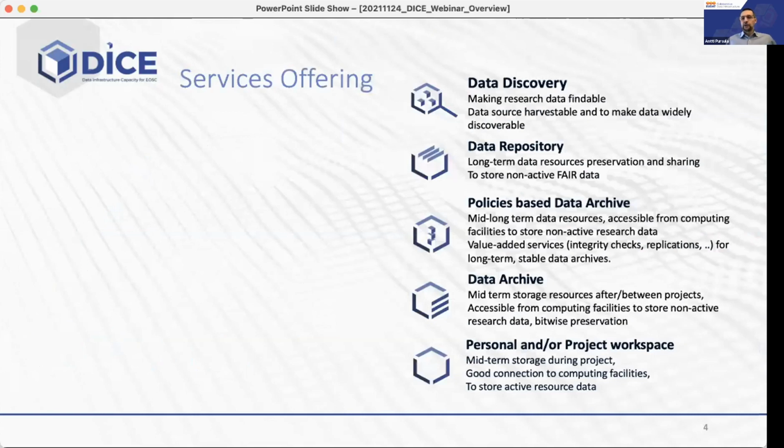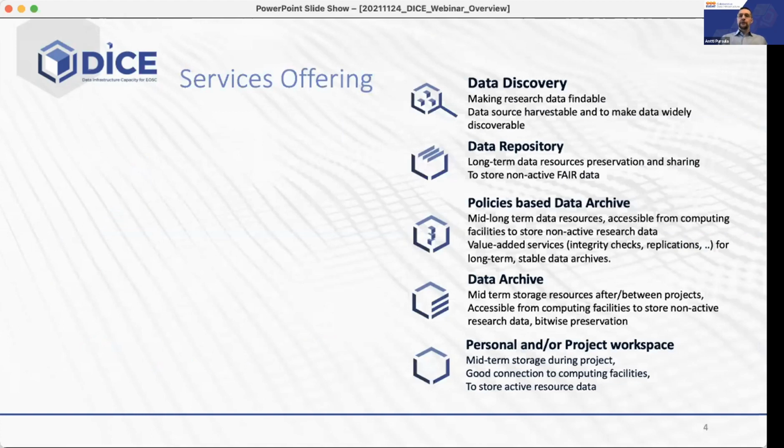So what are actually the services that we are talking about here? We have made a classification of data management services into 5 categories, which are now visible on this slide. I can introduce them very briefly.